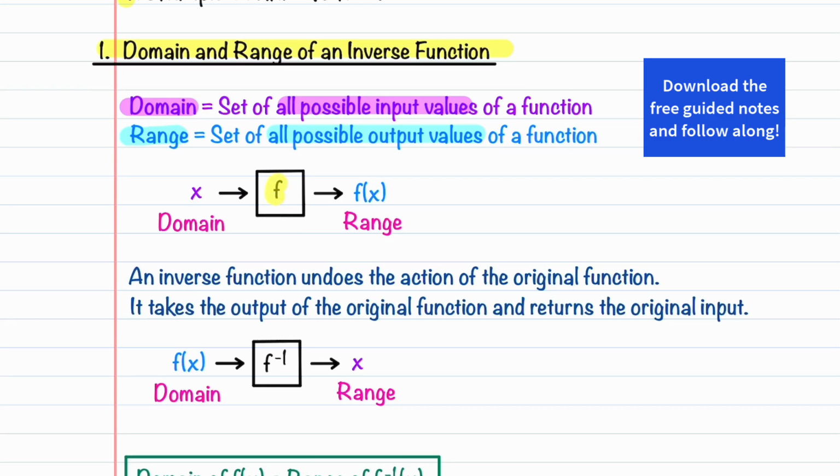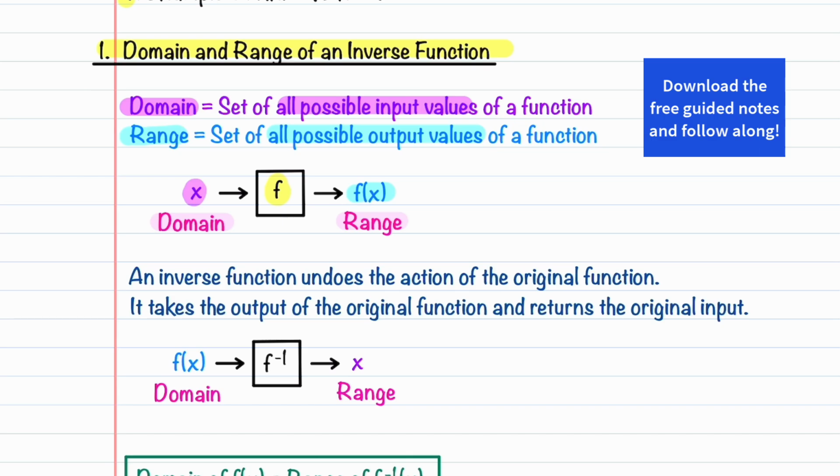Let's say we have a function f. We're going to put x into our function, and what we get back out is f of x. X, the values that we put into the function, are our domain, and the f of x, the values that we get out of our function, is just the range.